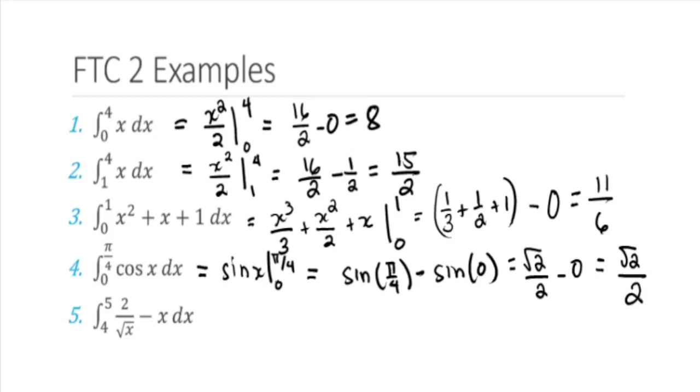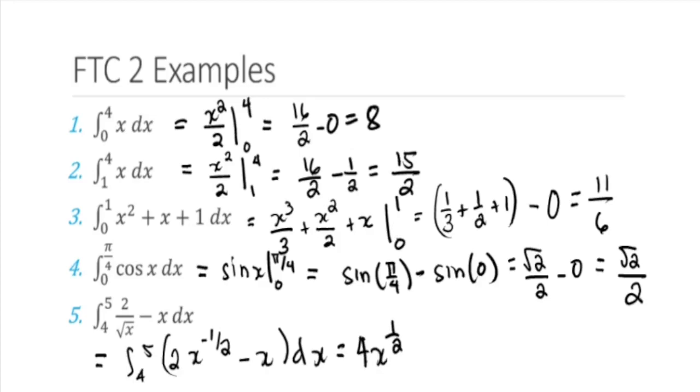And lastly, the integral of 2 over square root of x minus x dx. So we again apply the power rule. This one is technically 2 times x raised to negative 1/2 minus x dx. So using the power rule, this is 4x raised to 1/2 minus x squared over 2, evaluated from 4 to 5.